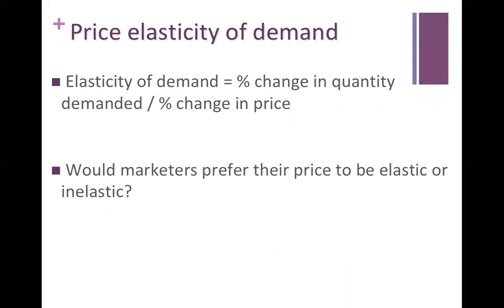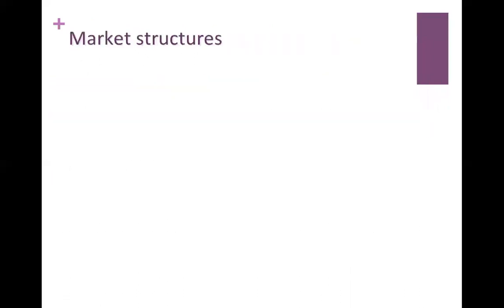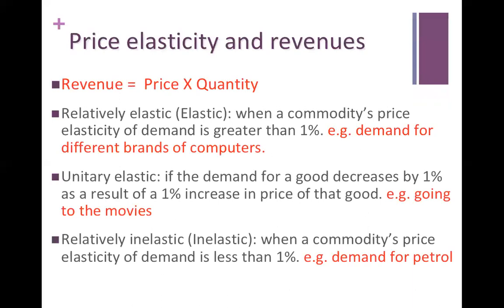And the other thing that I'd like to briefly outline is the elasticity of the product. If the price of the product is quite elastic, that means you reduce the price, then you'll get higher volume.